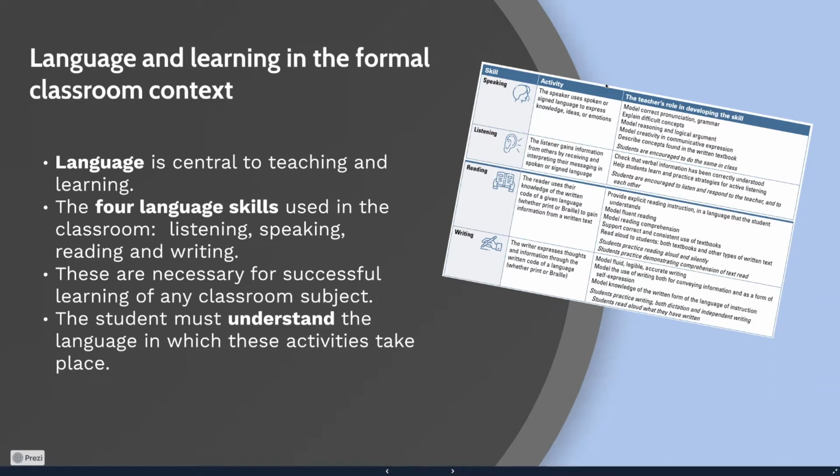Now, these language skills are necessary for successful learning of any classroom subject, whether it's reading or mathematics or science or whatever. And the reliance on language skills for learning is based on an assumption that the student understands the language in which these activities take place. And that's why being able to speak, understand, read, and write the language of instruction is crucial to effective learning.